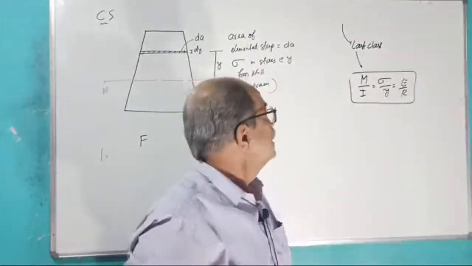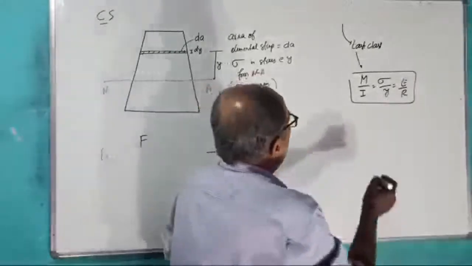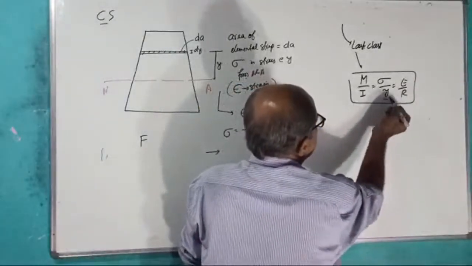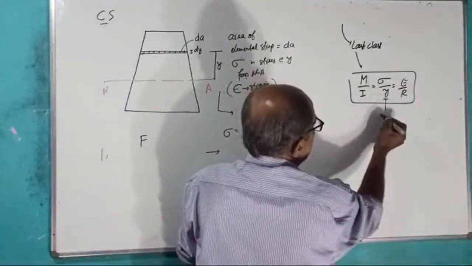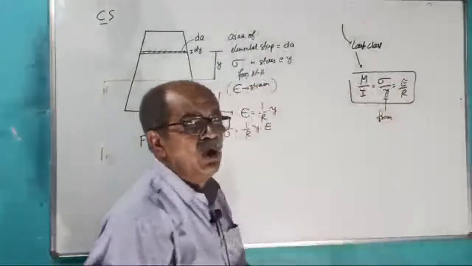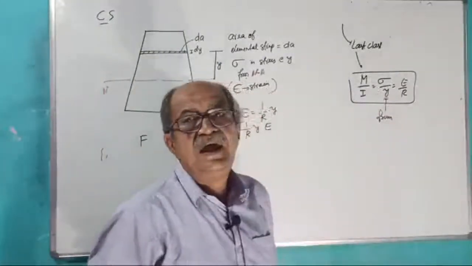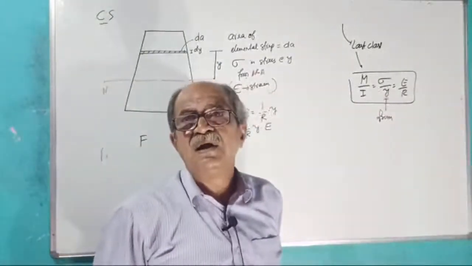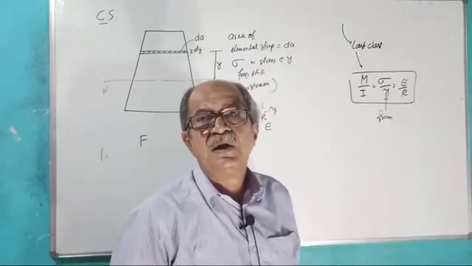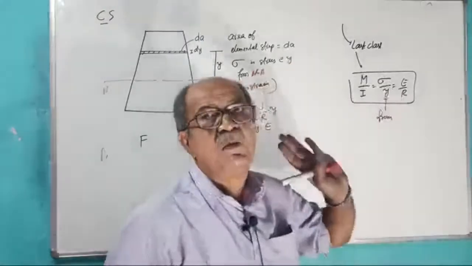Okay, now, correctly see, before going further, y is the distance. Y is from where? Anybody can tell? I already told you, I will give more and more explanation. Little slowly, I will separate the two. When you apply for any bending strength or bending stress problem, you take M by I equal to sigma by y.